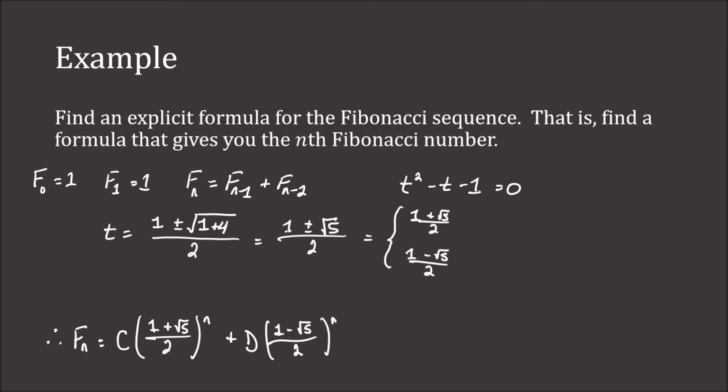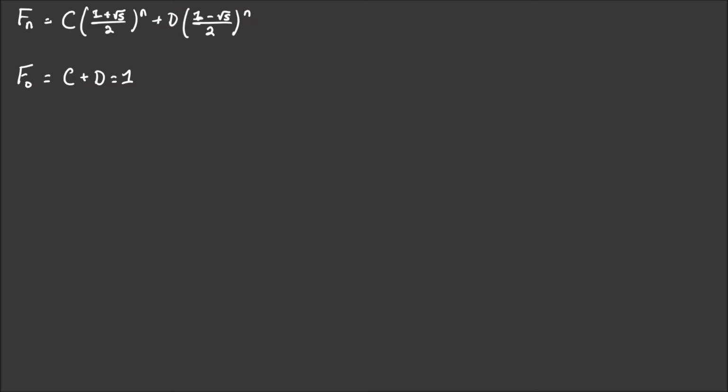The idea now is we have to determine this c and d. So I'll rewrite it over here. So f sub 0 is just c plus d, and that has to equal 1.